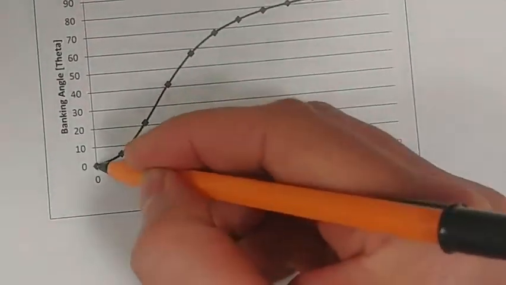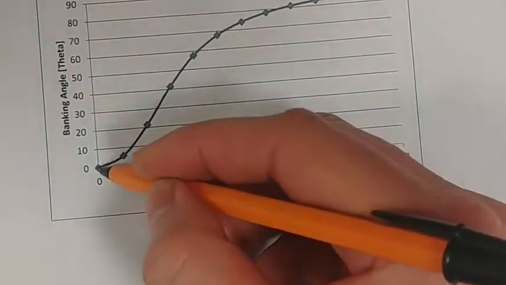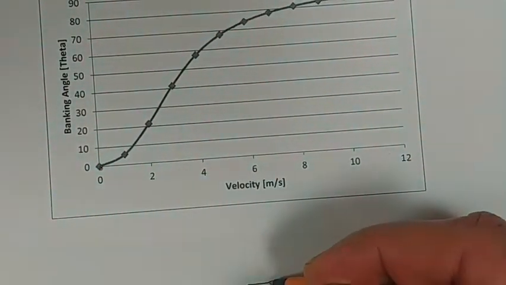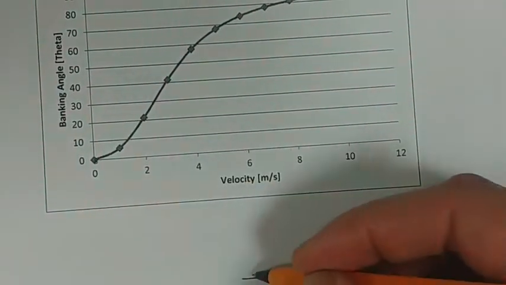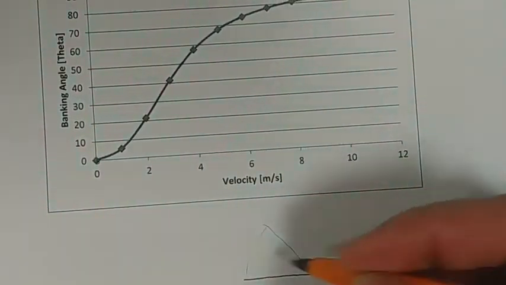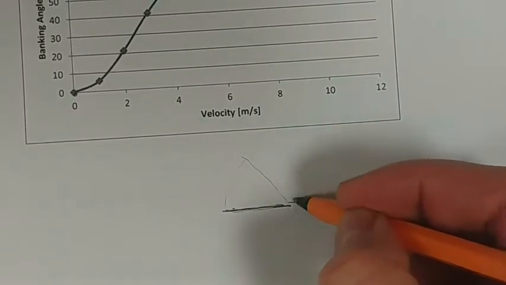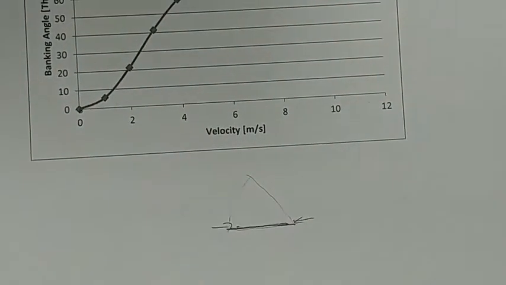It means that at zero velocity, my banking angle is 0. Remember, there's your banking angle. So at zero velocity, my banking angle is 0, which makes sense, right? I don't need any friction to keep me from going side to side.